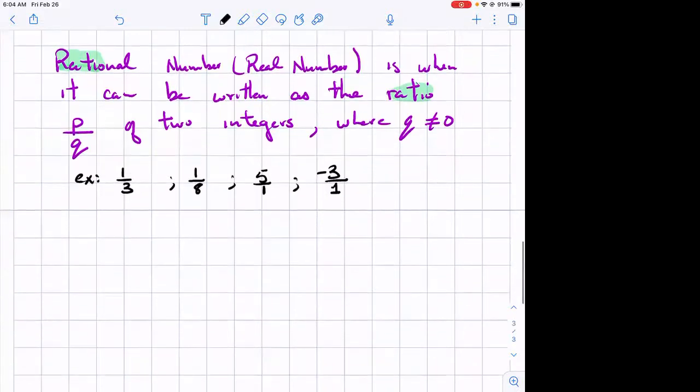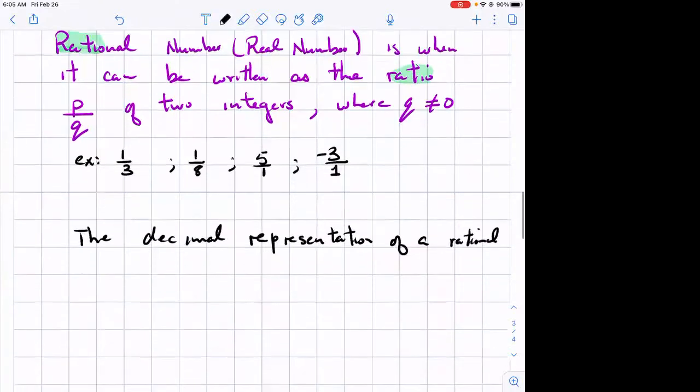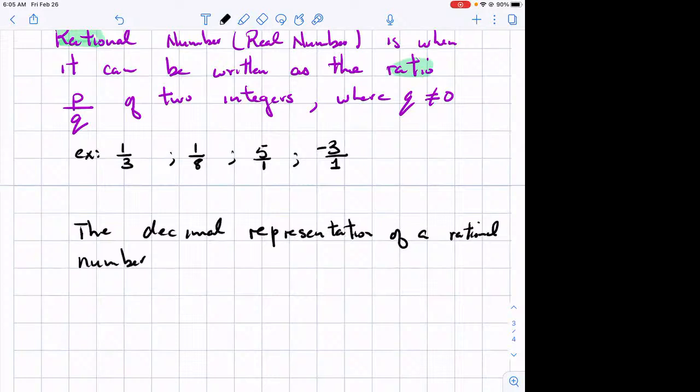So the decimal representation of a rational number terminates or repeats.